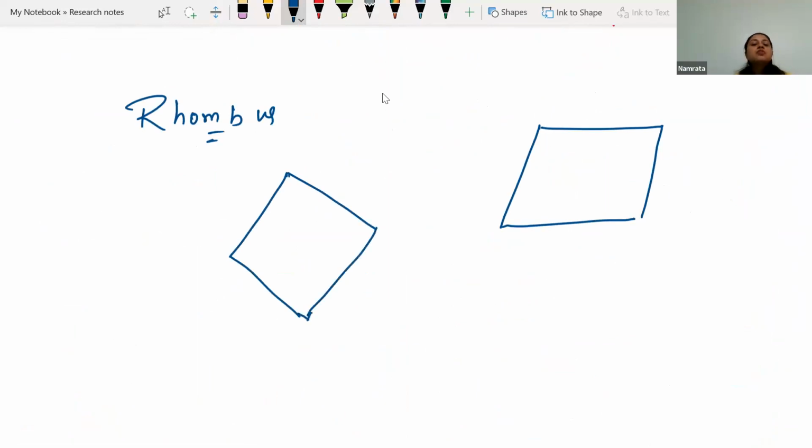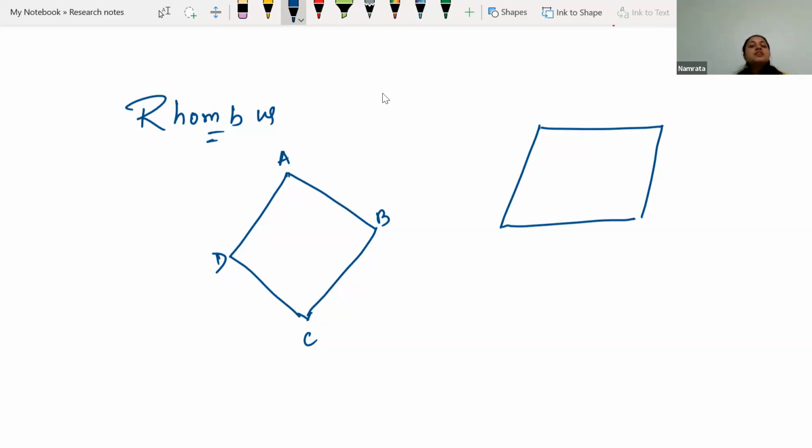What we are trying to say is that it has all the properties of a parallelogram. Here A, B, C, D, opposite sides are parallel, opposite sides are equal, opposite angles are the same, and the consecutive angle sum will be 180 degrees.